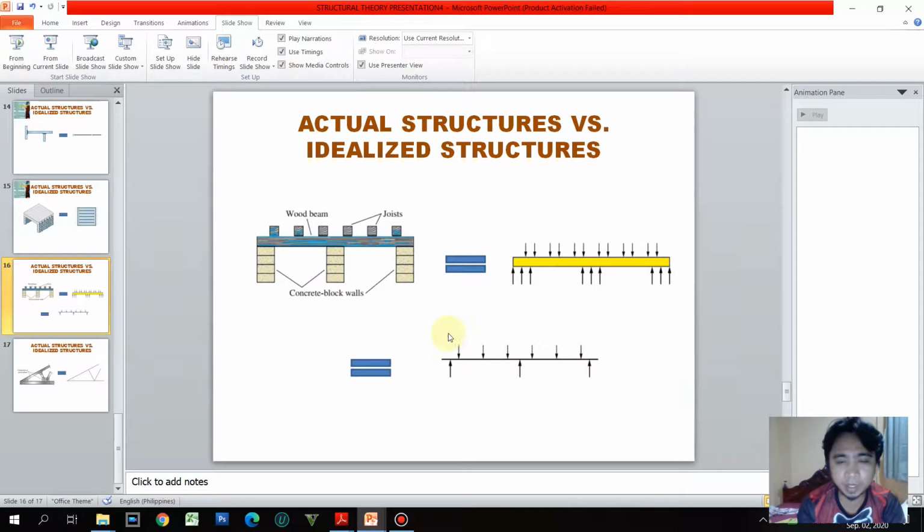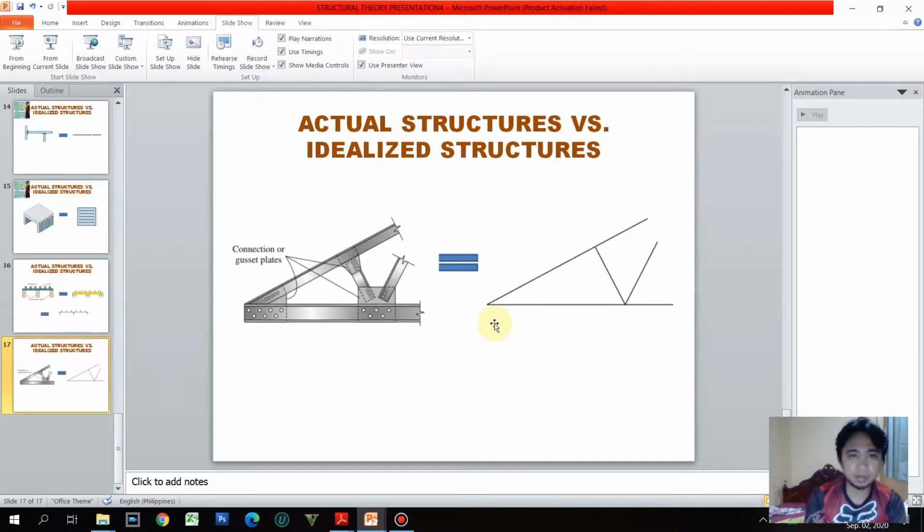So as an equivalent model or idealized structure for that, it will yield to this figure. Okay, so from the force, convert it to the pressure, and then convert it to concentrated load. We have actually learned this in our prior lectures.